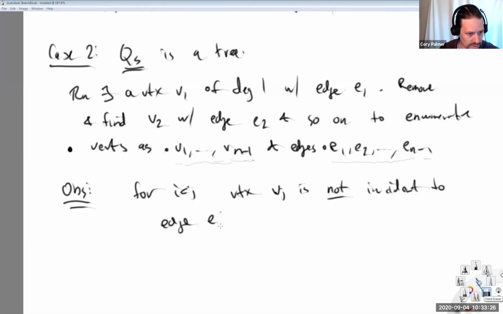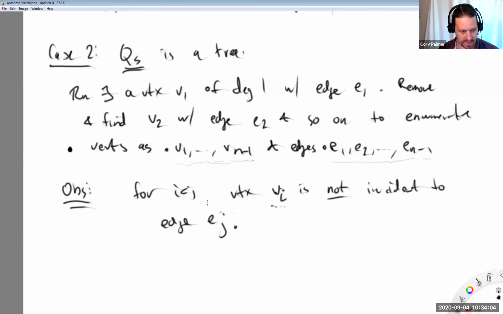This is not true, but this should be: vi is not adjacent to ej, where ej comes later. Because remember, when I'm removing vi, at this moment it's only adjacent to edge ei, that one edge going out of it. It may be adjacent to the edges earlier that I removed, right? They may have gone to it, but the only forward edge it goes to is when j equals i. But a later j it doesn't go to. So here when I'm at v5, it's not adjacent to edge e12 at all because it's adjacent only to e5 at that step, okay?